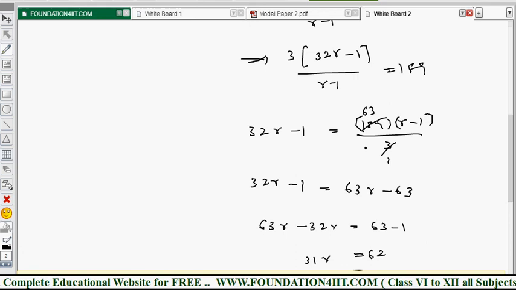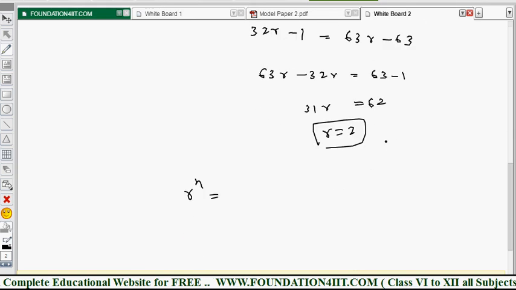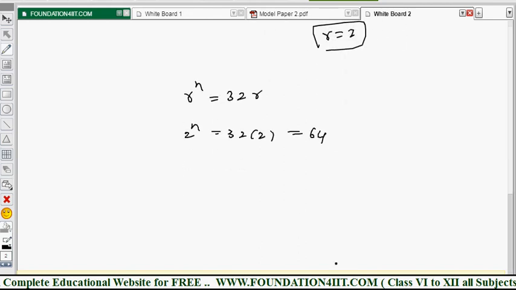From equation 1, R to the power n is equal to 32R. So from this, R value is 2. So 2 to the power n is equal to 32 into 2, that is 64. When 2 power n is 64, 64 also you can write as 2 to the power 6. Then n is equal to 6. So number of terms is 6. Okay. Hence the number of terms is 6.